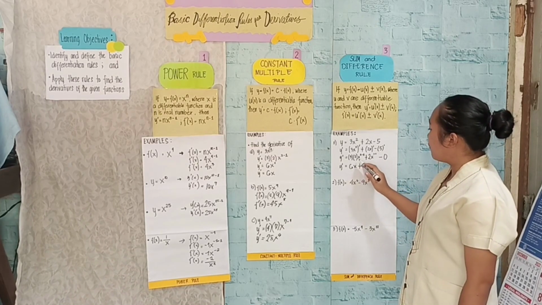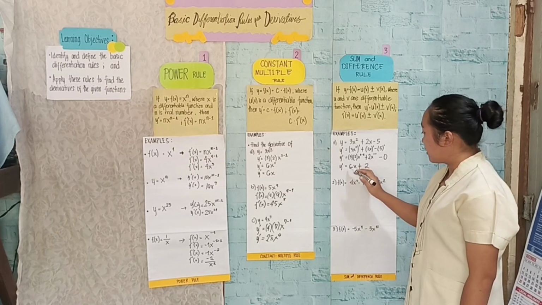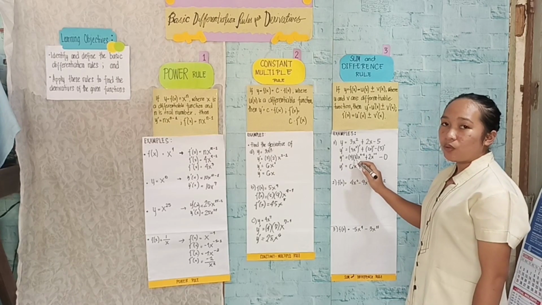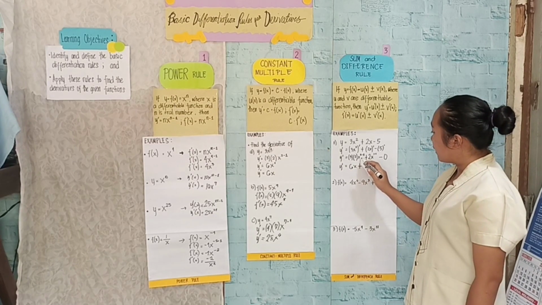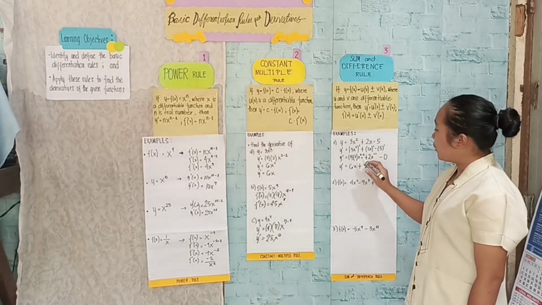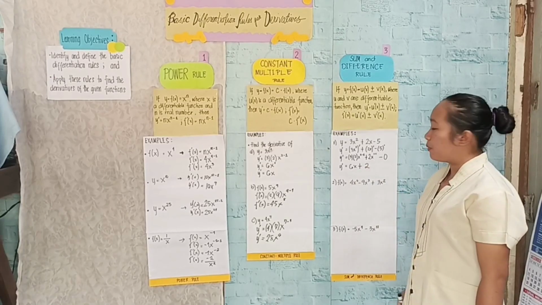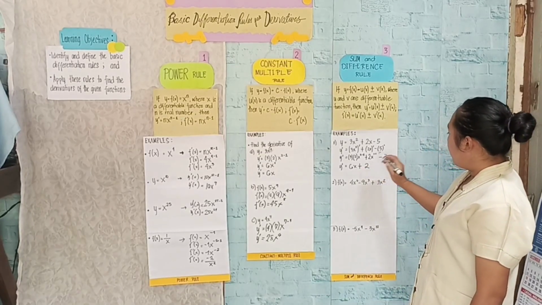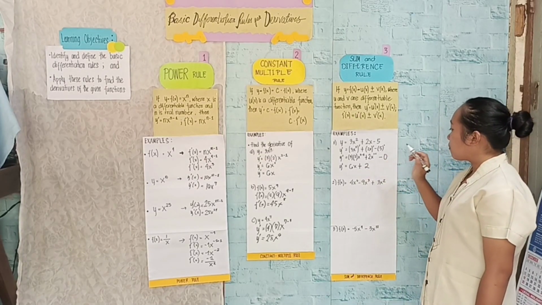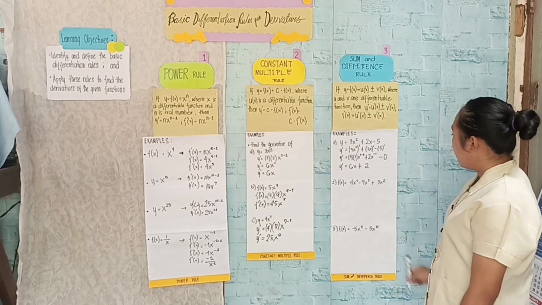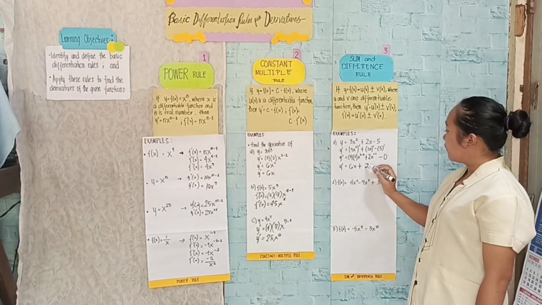Then it will have the result of 6x. 3 times 2 is equal to 6. Then x to the 2 minus 1 will have 1, automatically an exponent of 1. Then plus 2x to the 1 minus 1. Then it will have 2.